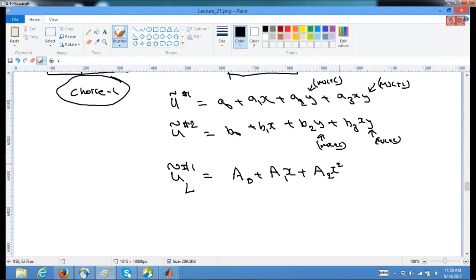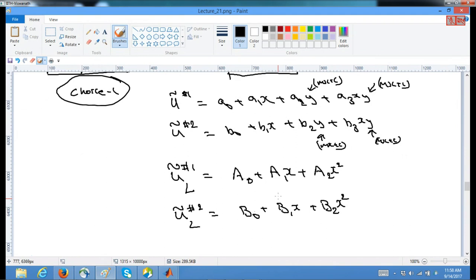So at most we have x square. Similarly, coming from element 2, I get b naught plus b1 x plus b2 x square.